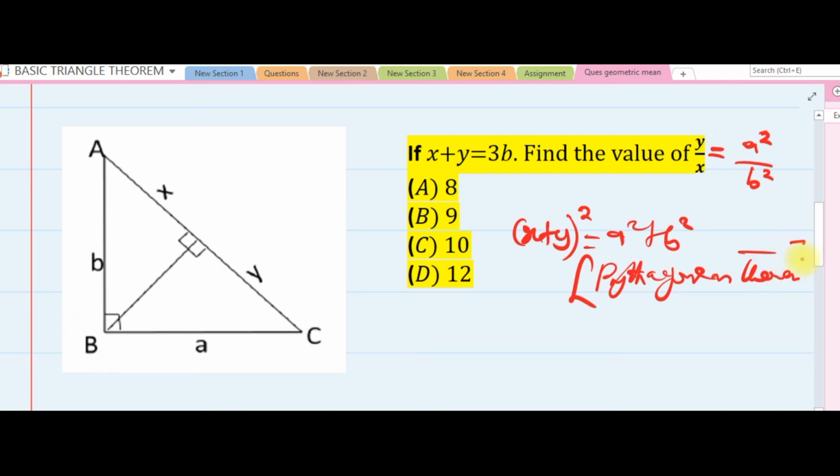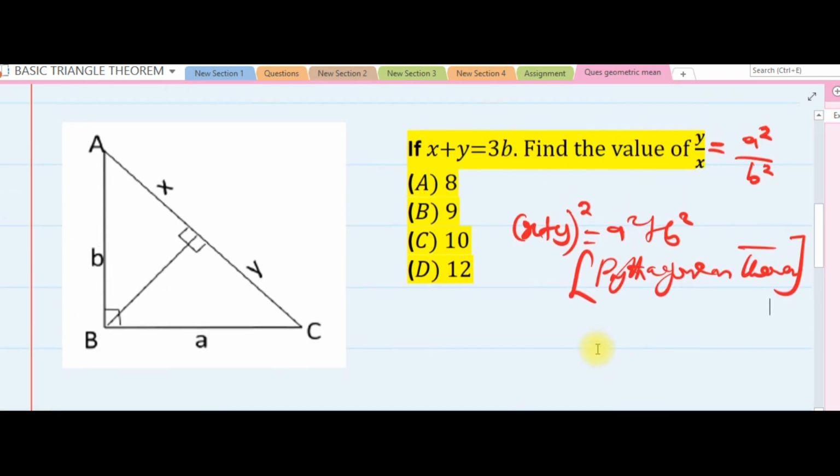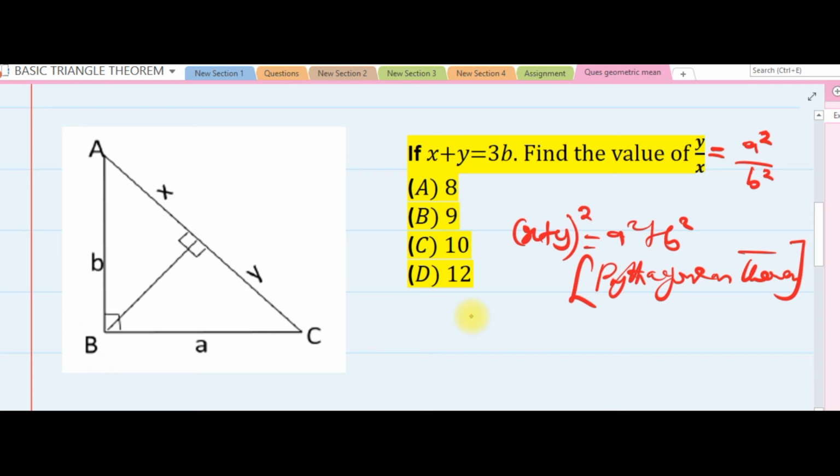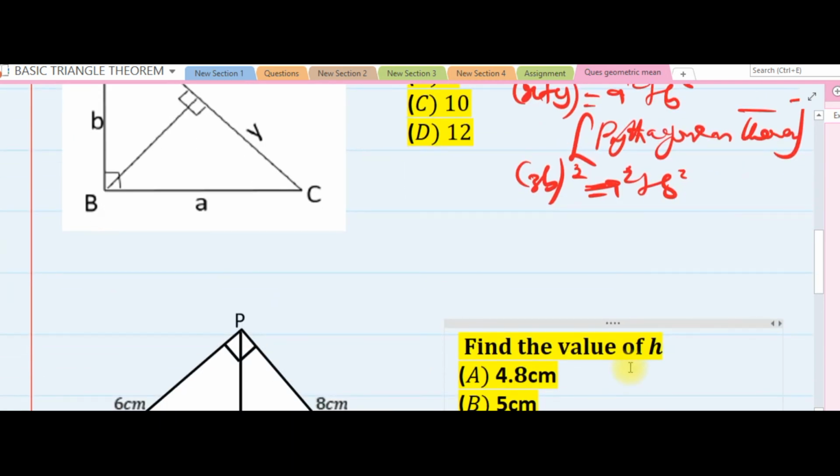They told us x plus y is 3b, so we have 3b squared equal to a squared plus b squared, and 3b squared is 9b squared. Making a squared the subject of the formula, a squared is 9b squared minus b squared, which is 8b squared.